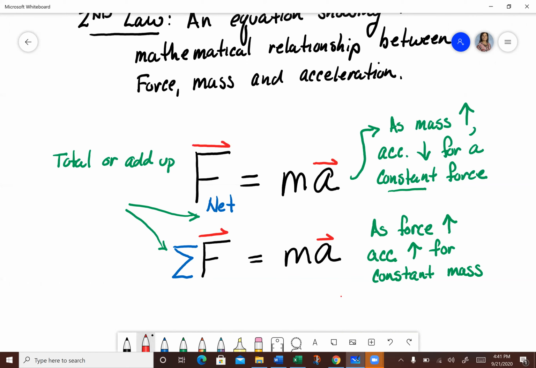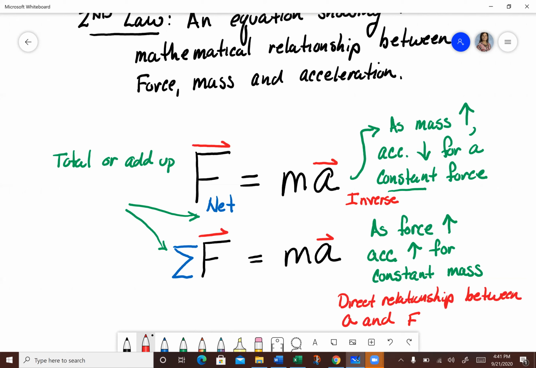So this is showing a direct relationship between acceleration and force, whereas up here, this is showing an inverse relationship between mass and acceleration.